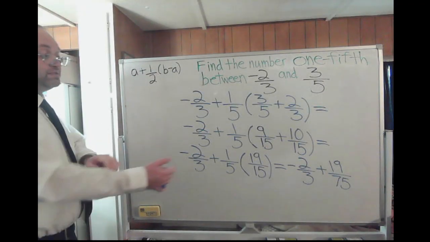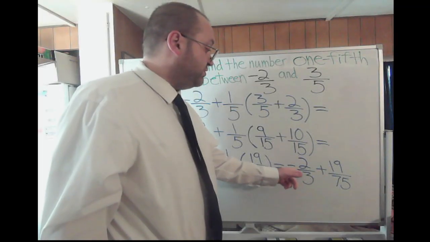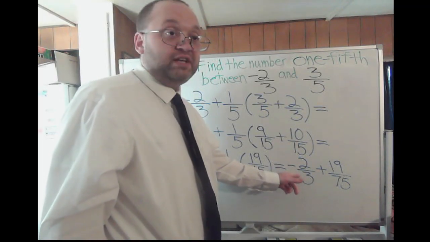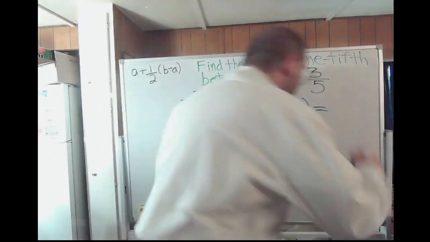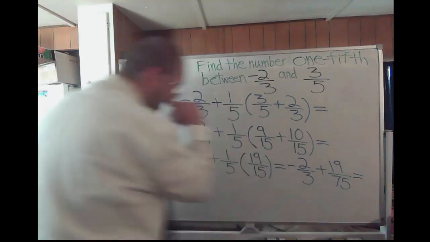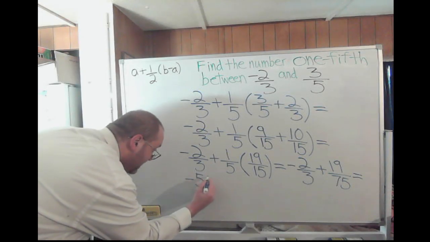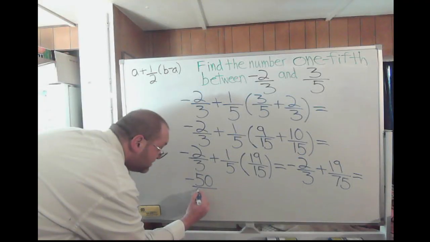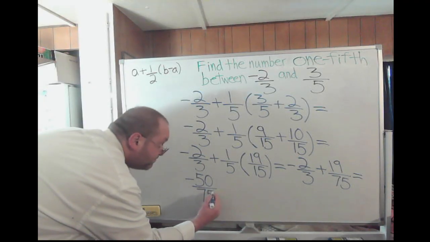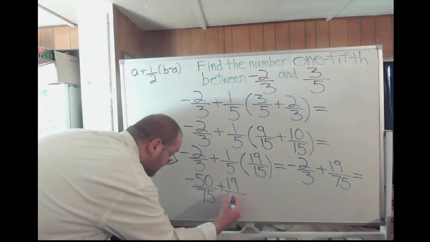So that means we only have to deal with the first fraction with multiplying. We have to multiply both numerator and denominator by 25 to get that denominator of 75. If we do that, negative 2 times 25 is going to be negative 50/75 plus your 19/75.